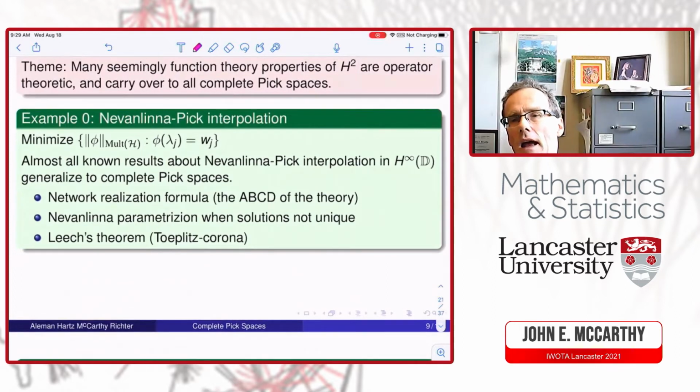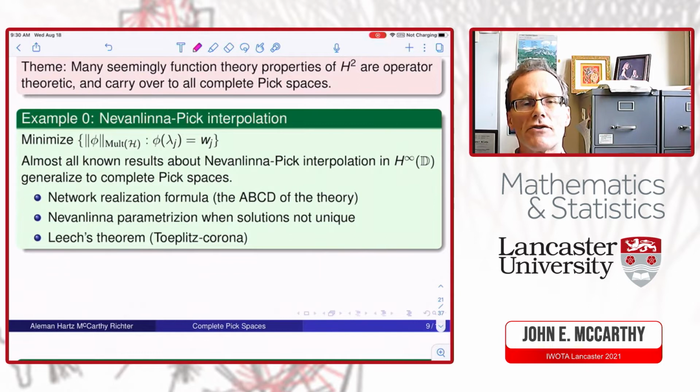Well, I'll call the first example example 0 because it's a little bit of a cheat since it almost follows from the definition of what it means to be a complete Pick space. But everything that's known about Nevanlinna-Pick interpolation on the disk generalizes to complete Pick spaces. So this includes the network realization formula, what I like to think of as the ABCD of the theory, the Nevanlinna parameterization of the solution.